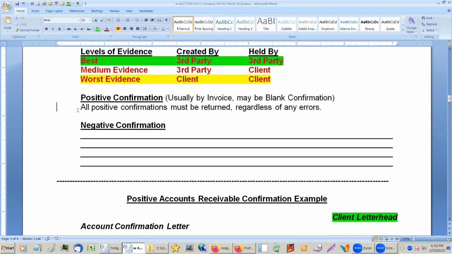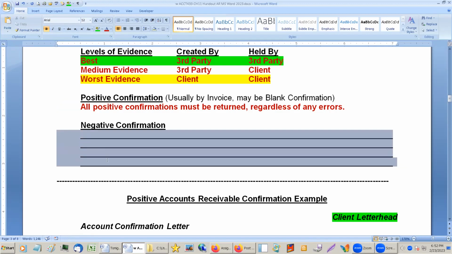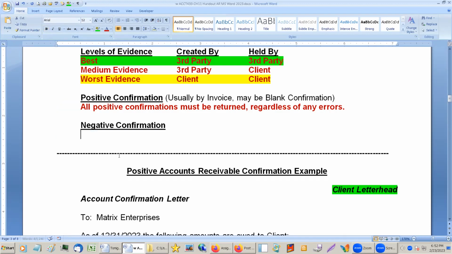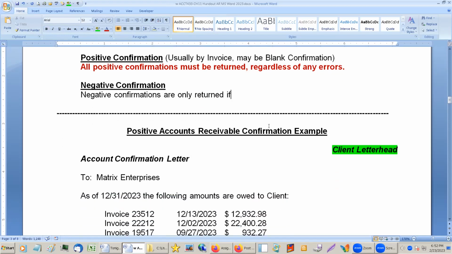Okay, so we have two different types of confirmations, positive and negative. All positive confirmations must be returned regardless of any errors. Negative confirmations are only returned if there are errors.